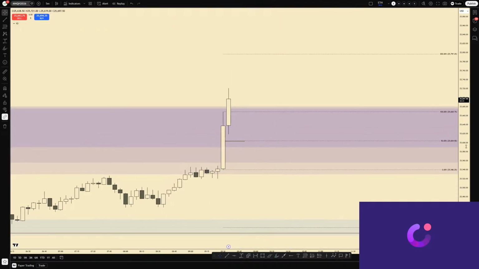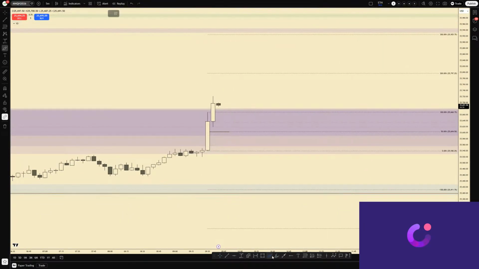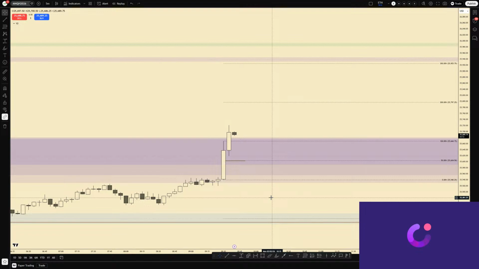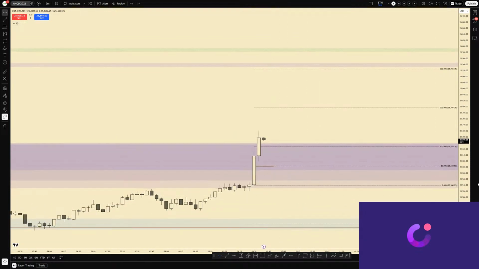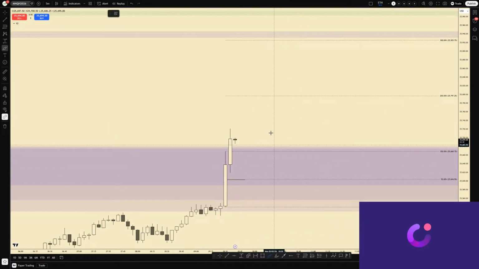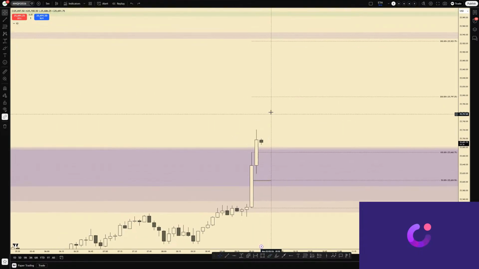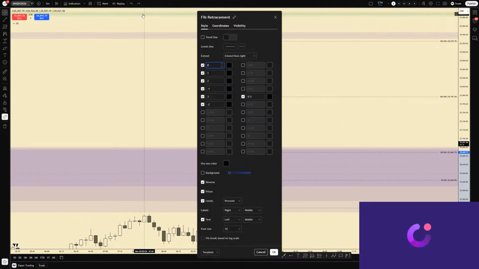Okay, and this is the standard deviation below the range. Because I have observed that price gets reactions from these levels, sometimes reverses from these levels or sometimes just makes retracements. So I will leave this on my chart.